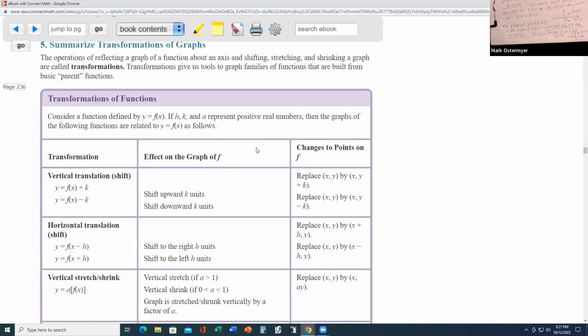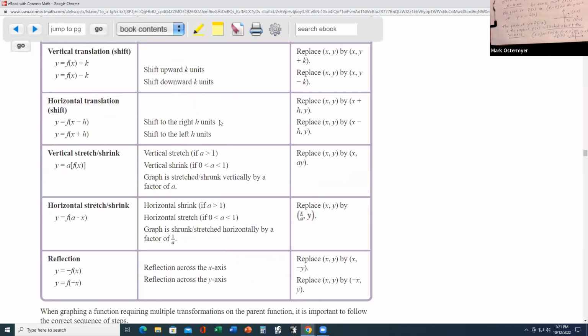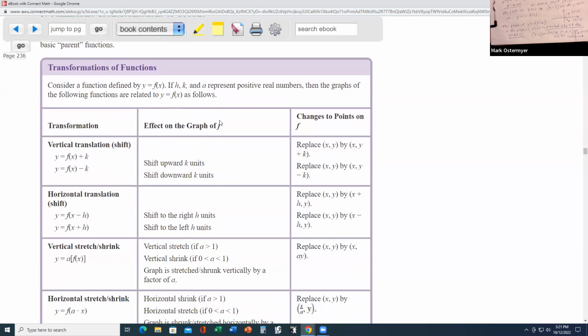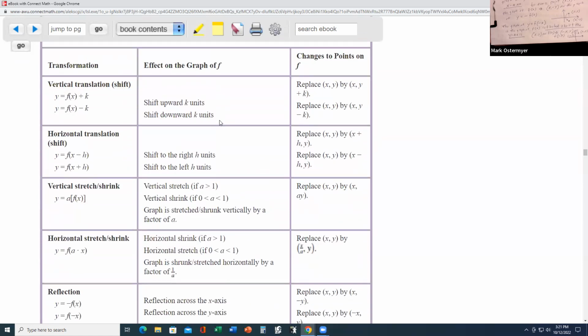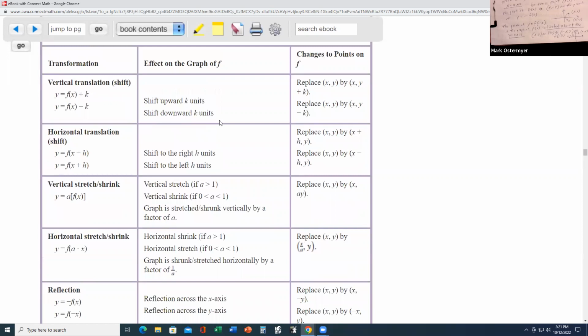Okay, ladies and gentlemen, on page 236, there is a table that basically summarizes everything I've just gone over. So I would become very familiar with this table. This summarizes all the transformations that we can inflict on a basic parent function.